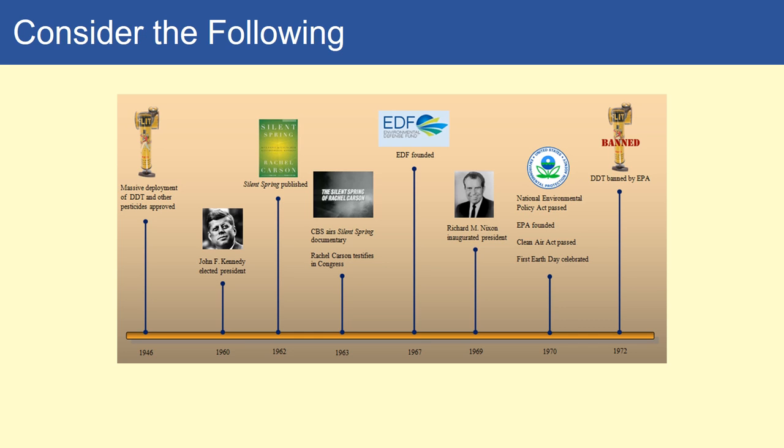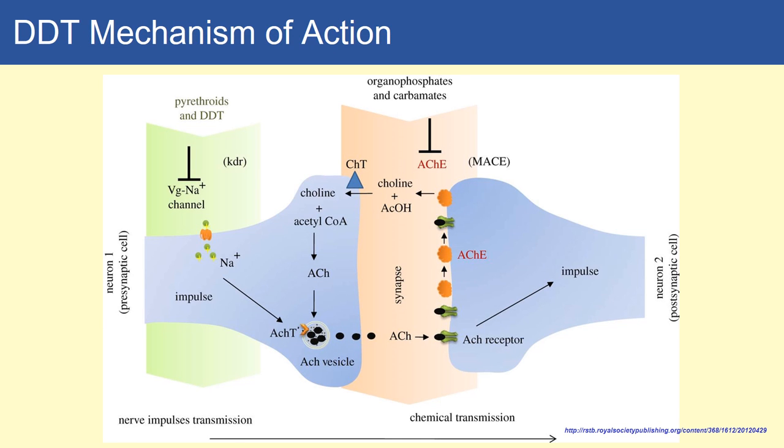There's one property in particular of DDT that was pretty important. The way DDT works is it's an acetylcholine receptor blocker, and so it messes with your neurons. Pyrethroids and DDT block the sodium channels that are associated with acetylcholine receptors.